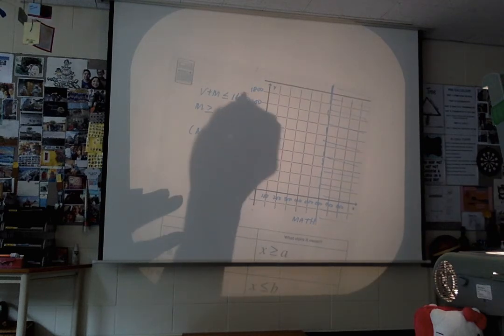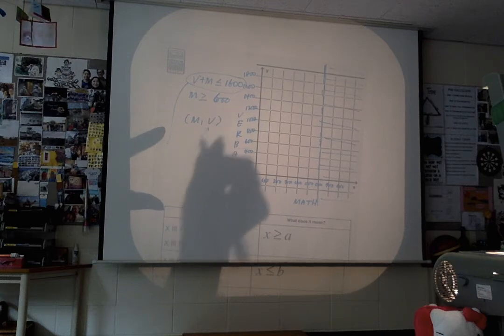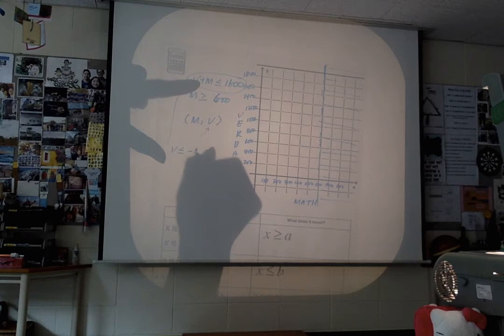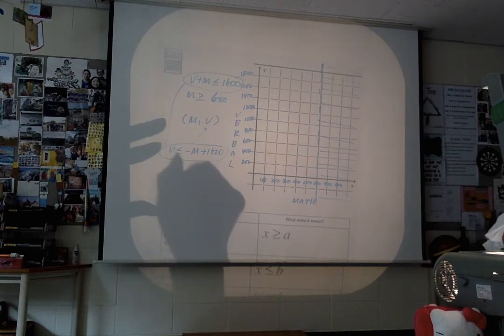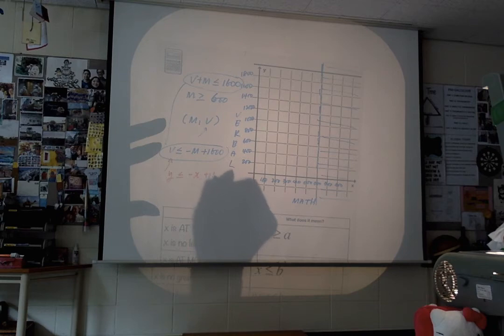But what about my total score here, right? So let's solve for V, because remember that's our Y, right? So V is less than or equal to negative M plus 1,600. That's my second equation. Don't get confused. This is like Y is less than or equal to negative X plus 1,600, okay?